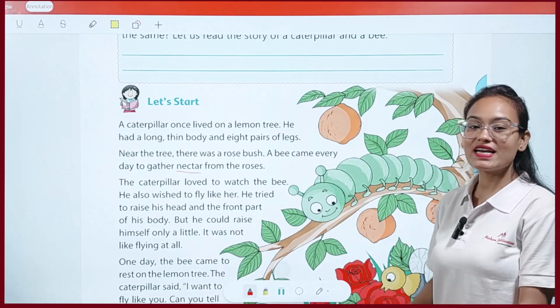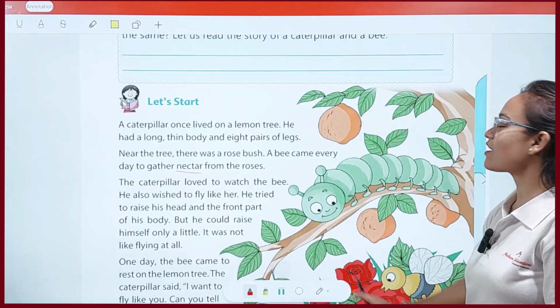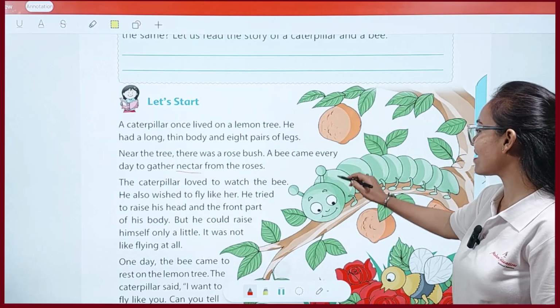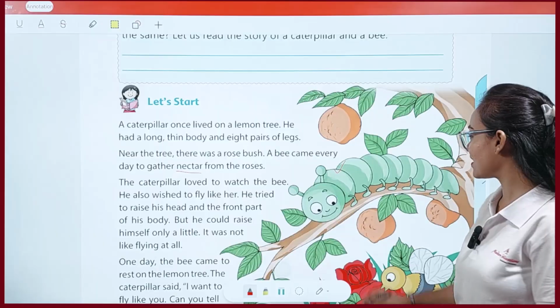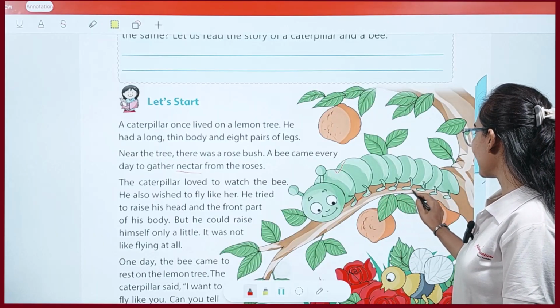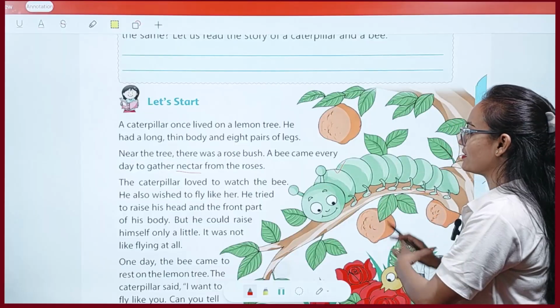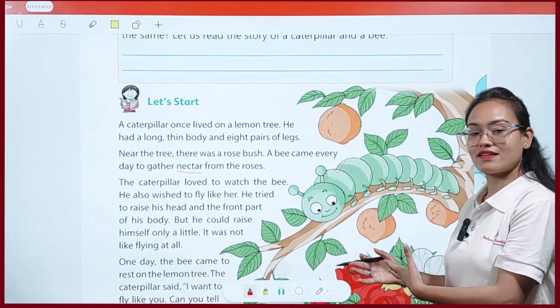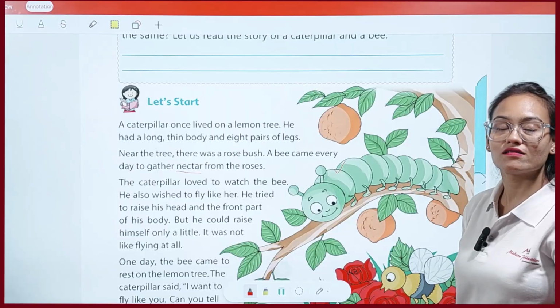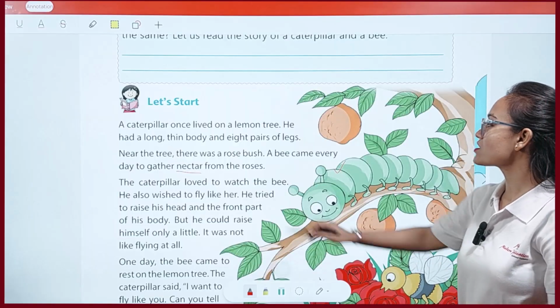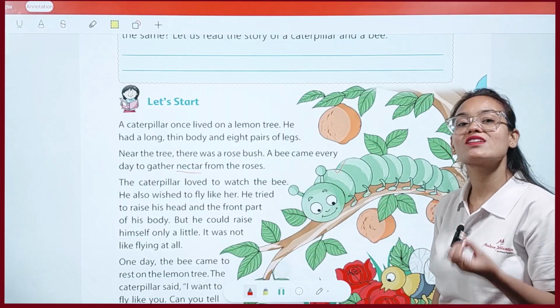You can see there is a lemon tree, and on this lemon tree lives a caterpillar having 8 legs. And near this lemon tree there was a rose bush, meaning a rose tree.